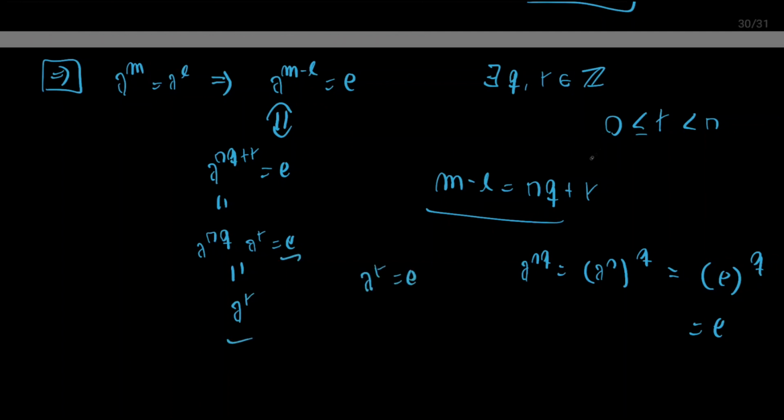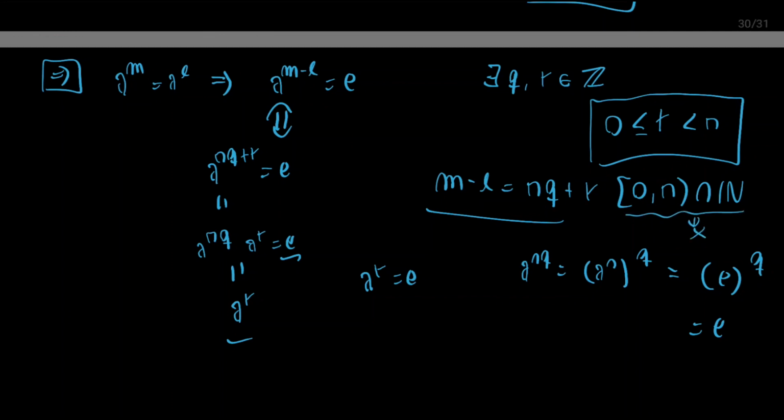But notice here we restricted our r to lie strictly on one side. So it is strictly less than n, but it can be 0. And we know that the only integer in this set, so the only x in this set here, that satisfies a to the x is equal to the identity is x equals 0. Well, why?